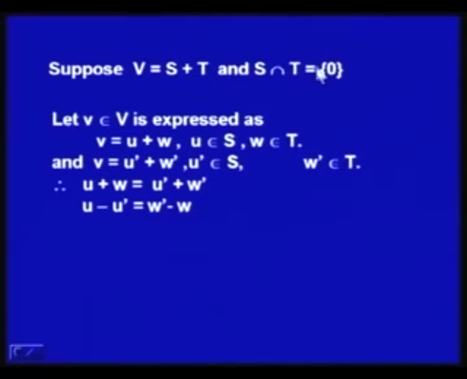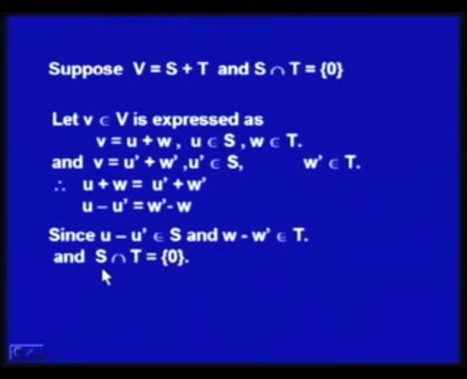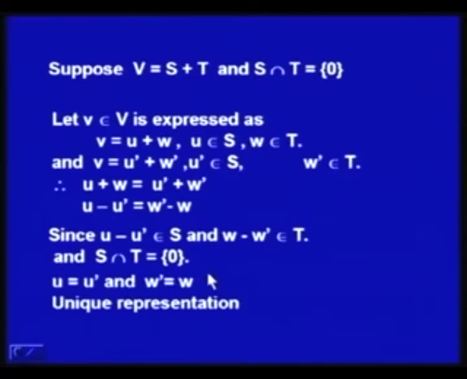Now, since S intersection T is equal to the zero vector, they are equal only when U minus U dash is 0 and W dash minus W is equal to 0. Since U minus U dash is 0, this implies U is equal to U dash, and W dash minus W is equal to 0 implies W dash is equal to W. So, we started with two different representations for the same vector, but ultimately we arrived at the unique representation.